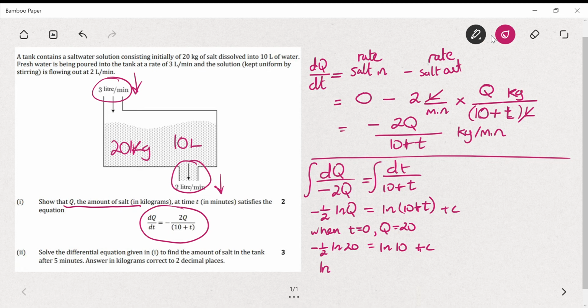So that's 1 on root 20. That's 20 to the power of minus a half. Minus natural log of 10 equals C. So C equals natural log of 1 on 10 root 20. Because if you've got natural log minus natural log, we divide, so it's 1 on root 20 divided by 10.